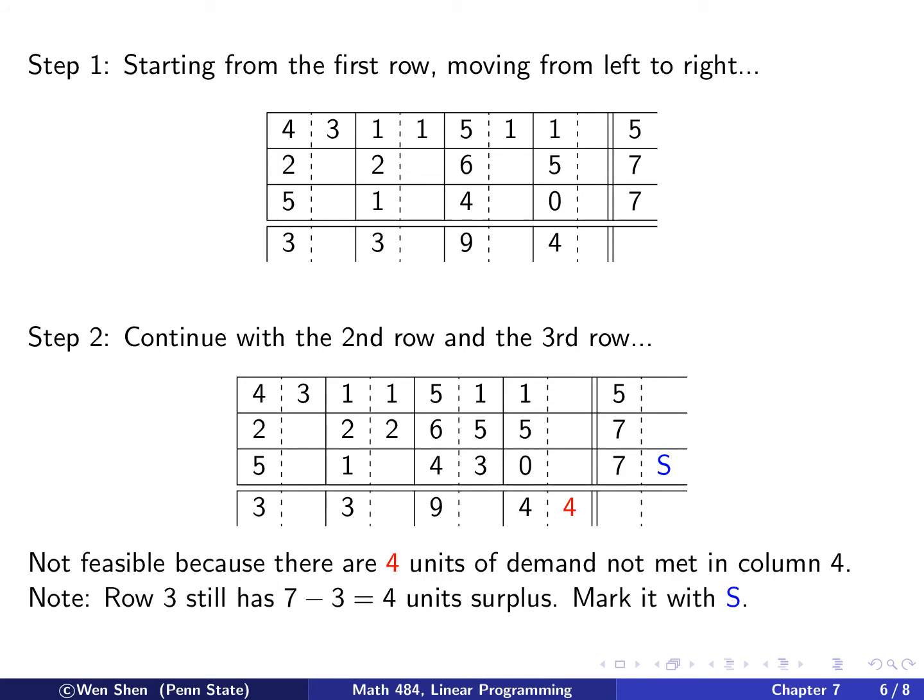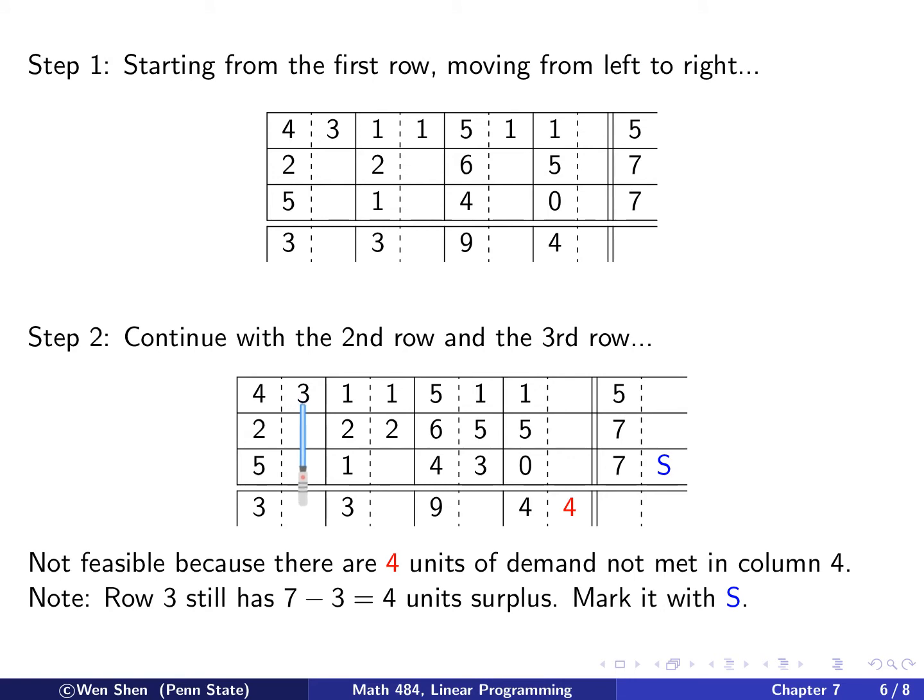Okay, once you have done the first row, we can continue with the second and the third row. Basically we follow the same principle. Let's look at the second row in some detail. Second row, first one: can I ship anything to destination 1?